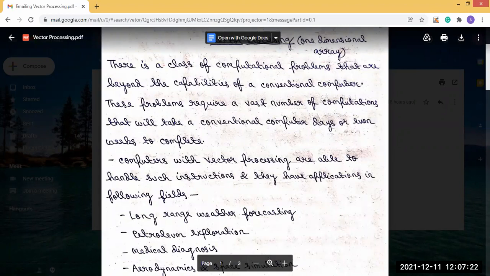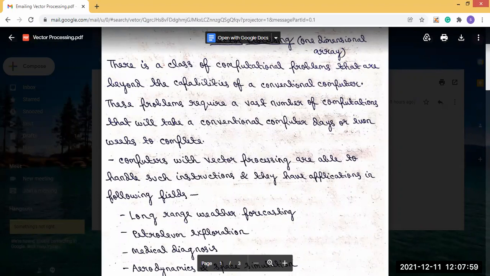Long range weather forecasting: you see that sometimes it is shown as a 30 days weather calculation, or a 1 year weather calculation. For long range weather forecasting we require a large calculation part. Sometimes it is shown what the weather forecast will be for the next 30 days. We require calculations, because without calculating we cannot know the weather forecast for the next 30 days.